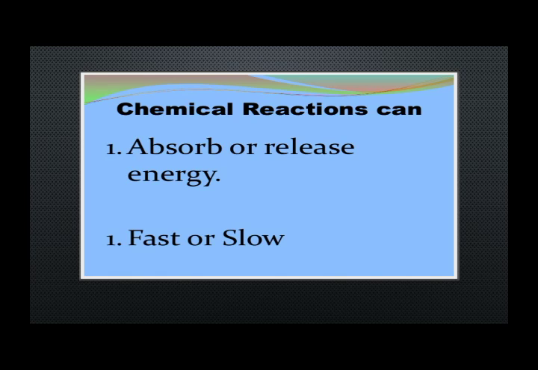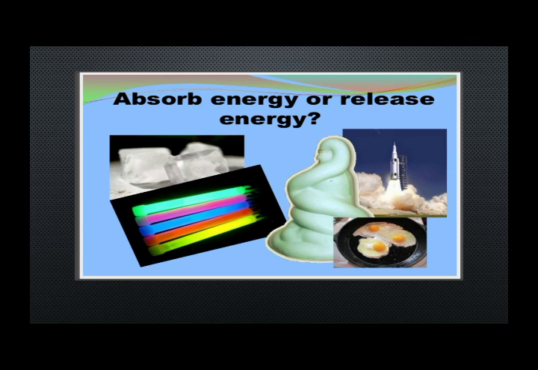But during every single chemical reaction, one of two things can happen. Maybe they absorb energy and change themselves into a new product, or maybe they release energy and change themselves into a new product. In any chemical reaction, only these two mechanisms can take place. Sometimes they absorb energy and sometimes they release energy.